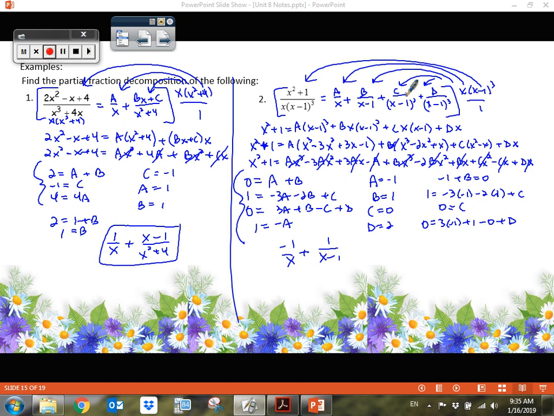It's gone. 0 over anything, well, except 0. 0 over x minus 1 squared is 0, so that fraction's gone. Then the last one is d. d is 2, so 2 over x minus 1 cubed. And that would be quite easy to integrate, those little pieces, versus this would have been pretty much impossible. Okay? And that's partial fraction decomposition.